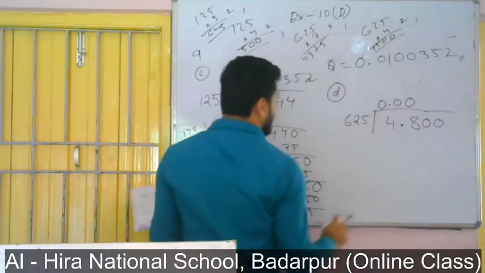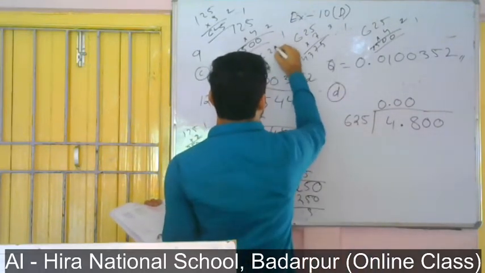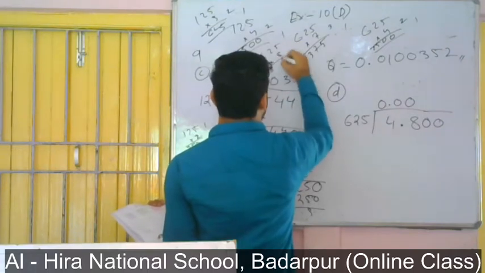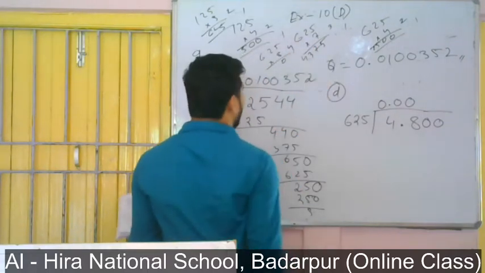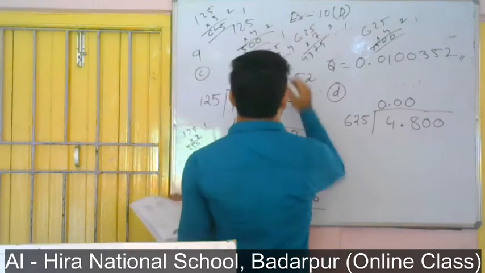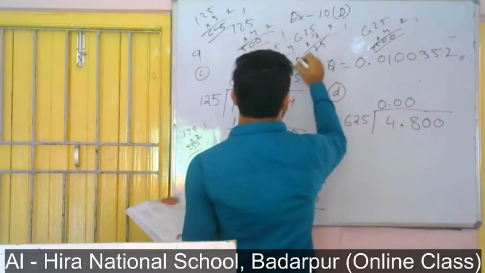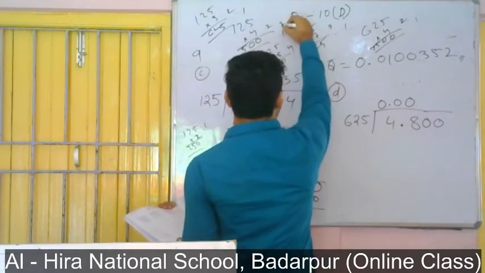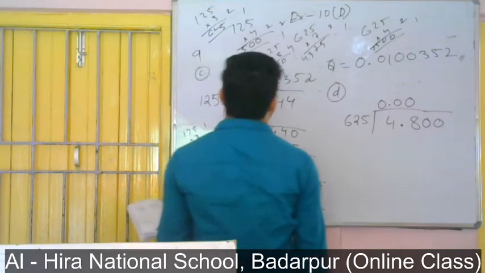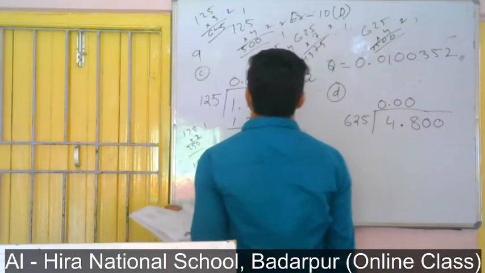Now let us check with 8. 5 8s are 40 and remain 4, 8 2s are 16, 17, 18, 19, 20 and remain 2.